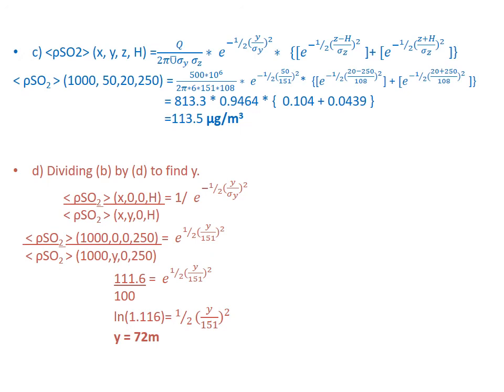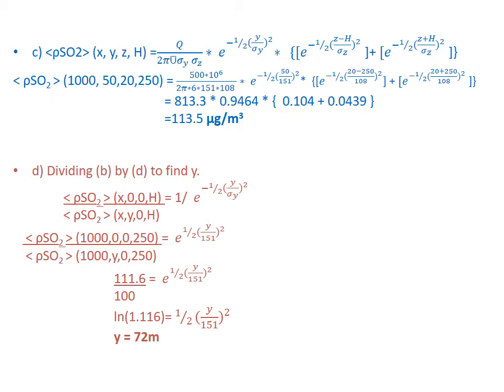Now for the C part, we need to find out the concentration of SO2 at 1000, 50, 20, 250. The equation we are going to use here is rho SO2 at x, y, z, h equal to Q by 2 pi u sigma y sigma z into e raised to minus 1 by 2 into (y by sigma y) the whole square into [e raised to minus 1 by 2 into ((z minus h) by sigma z) the whole square plus e raised to minus 1 by 2 into ((z plus h) by sigma z) the whole square].